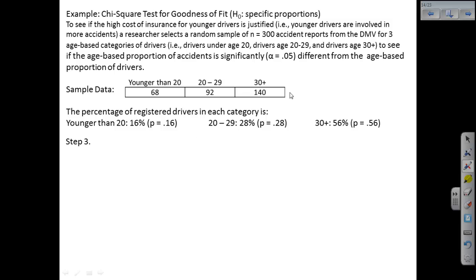So we have to use FE equals the proportion expected multiplied by N. But whereas before we had to calculate the proportion expected, remember we took the 1 and divided by the number of categories, now that p-value is given to us.